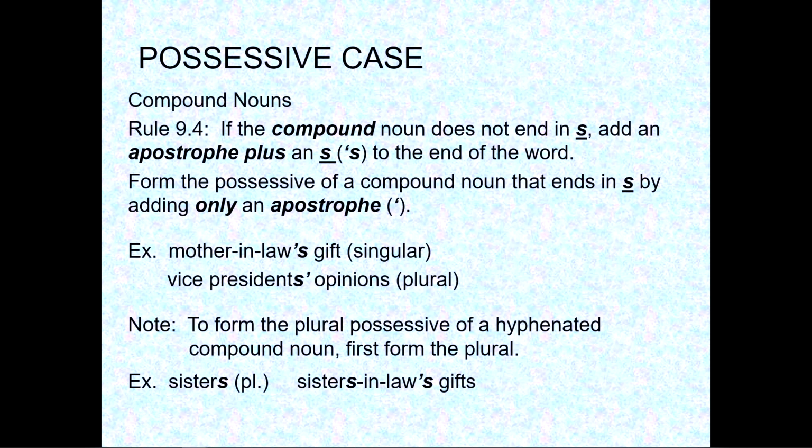You don't put mothers, ins, laws, right? You think it's mothers, but it's not. When you have this, this is one word. Mother-in-law's, the S goes here. Vice presidents, right? Vice is really an adjective, right? So vice presidents, if it's considered to be one word, always at the end, S apostrophe right there.